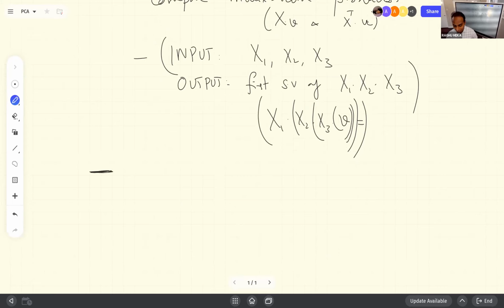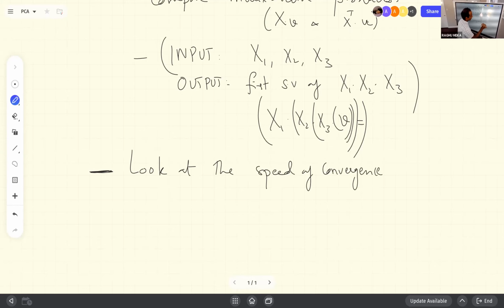Okay, so the second thing I want to say is look at the speed of convergence. Okay, look at the speed of convergence in terms of the gap between the first and the second singular value.